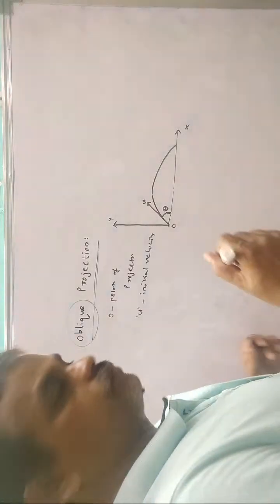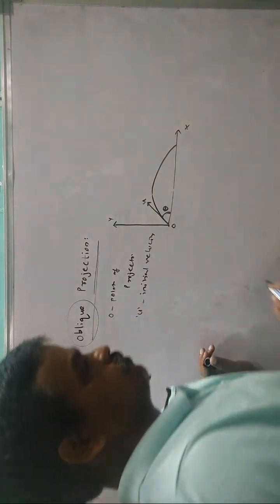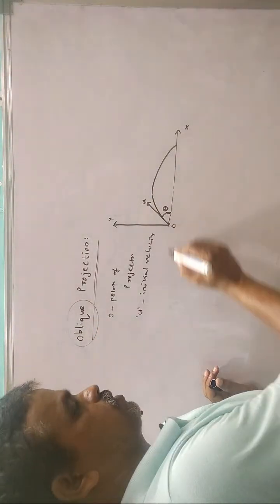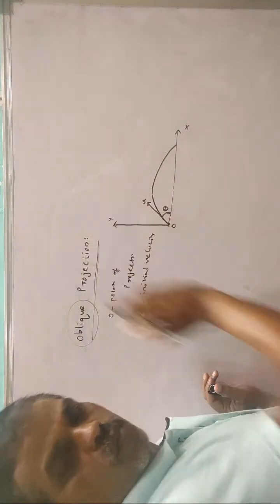So next, we project with the initial velocity u. This is the point of projection, and u is the initial velocity of the projected body.